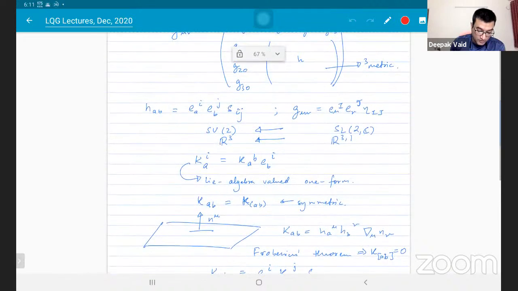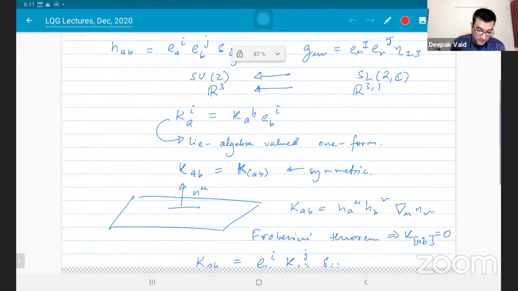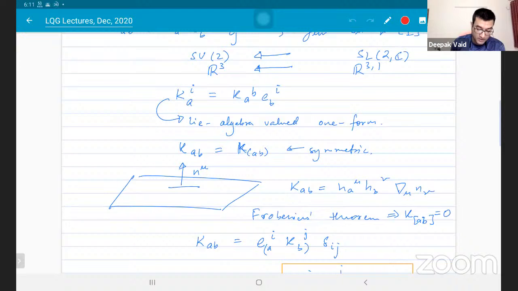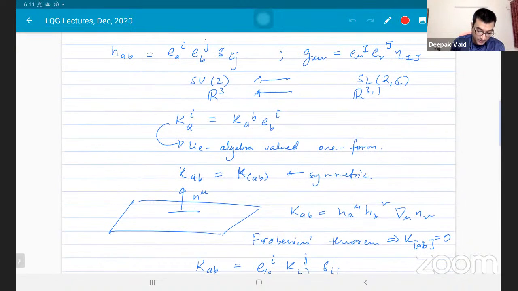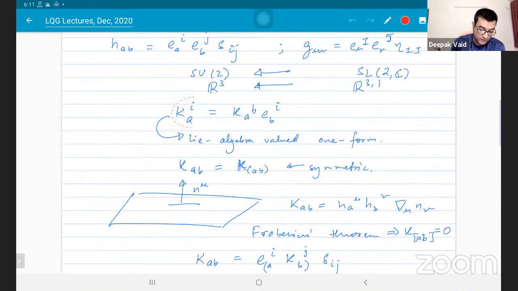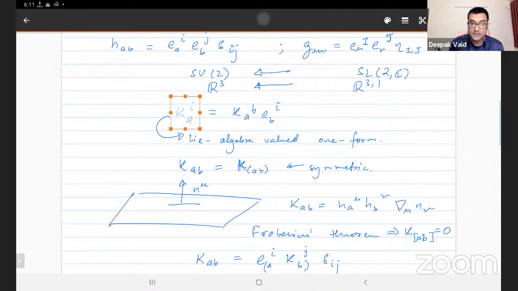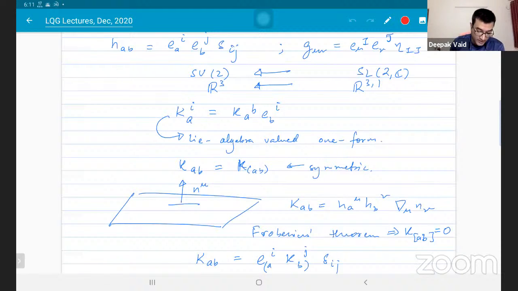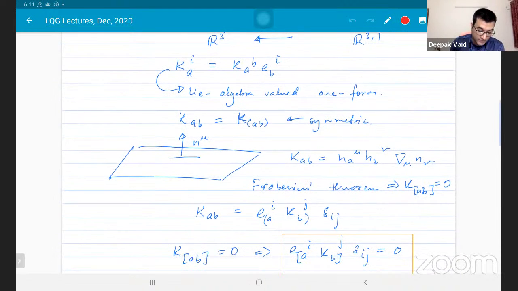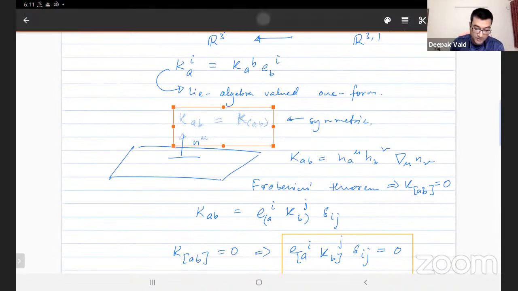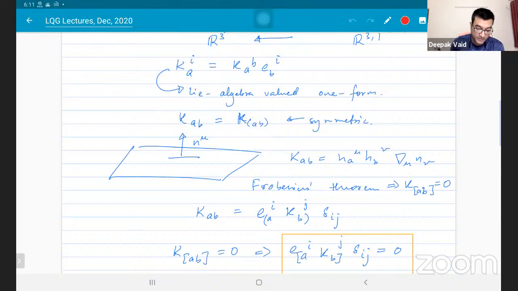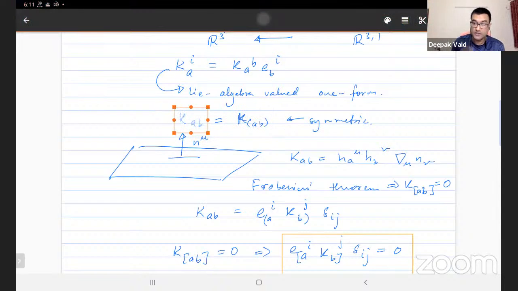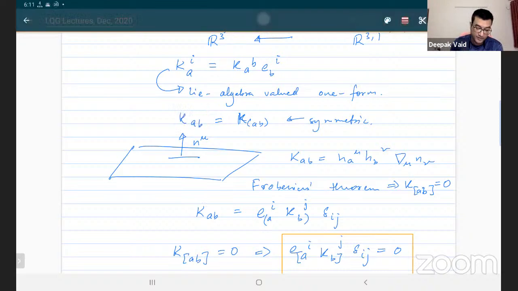One of the phase space variables is the extrinsic curvature one form, and this has to obey the requirement that the extrinsic curvature tensor KAB is symmetric, right?